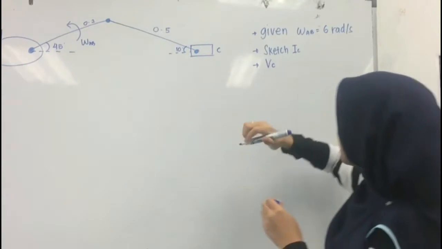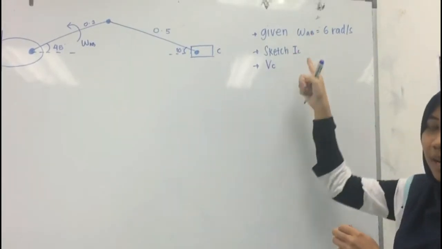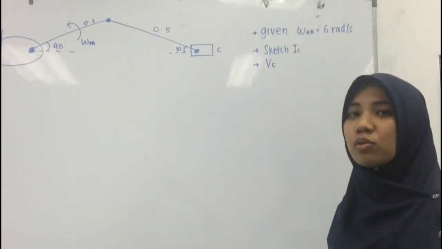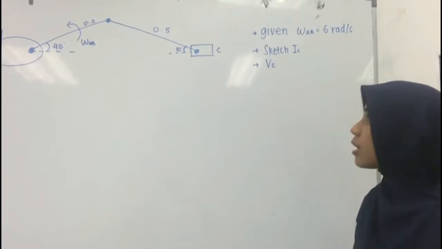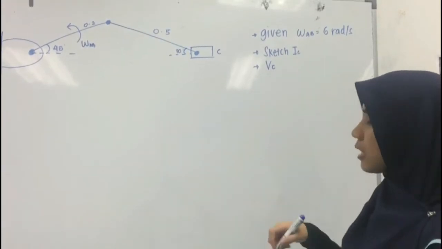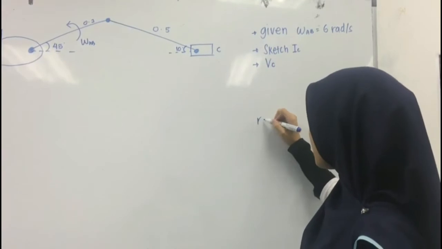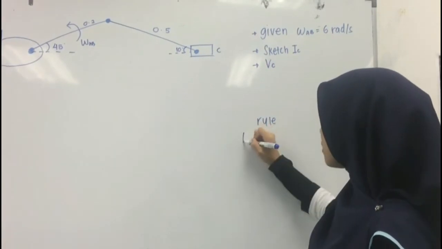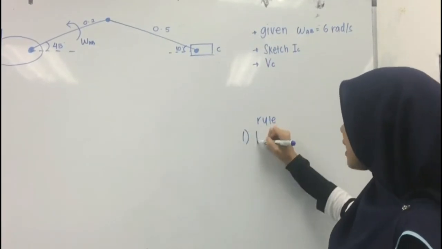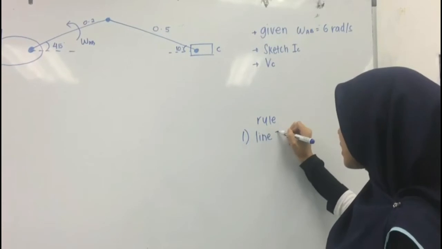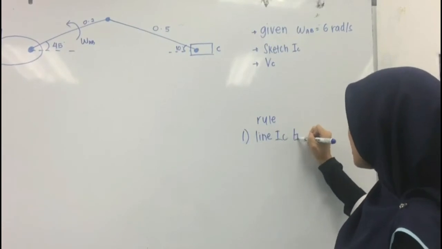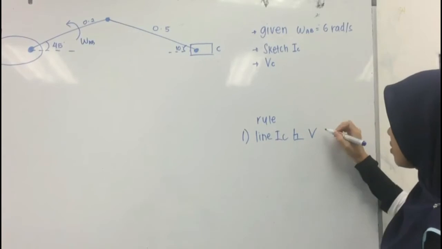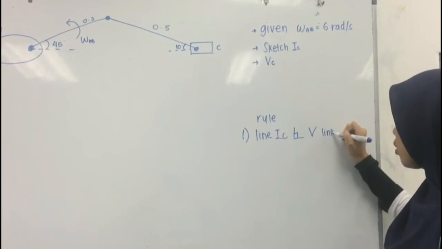So sekarang ni dia minta sketch of IC. So kita kena tahu rules IC tu ada apa. Kalau kita nak sketch IC, kita kena tahu rule dia yang pertama adalah line of IC kena perpendicular kepada velocity of the link ataupun object.